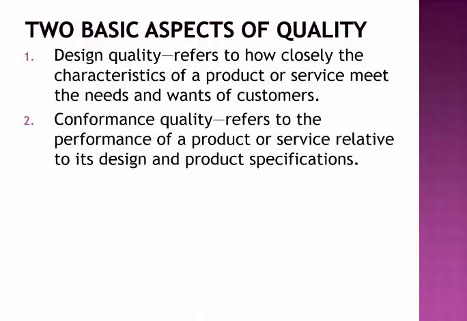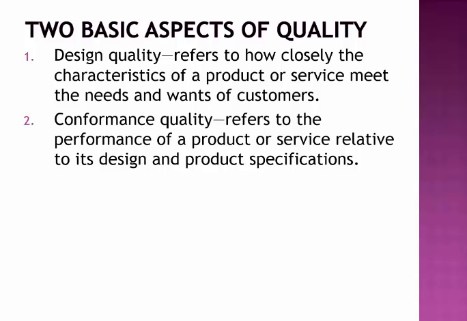The second one is conformance quality. Conformance quality refers to the performance of a product or service relative to its design and product specifications. So we can actually break quality down into these two distinct areas.